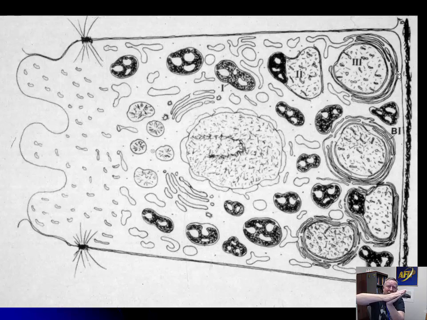And it works very well. But if you break that down, then you get the hydrophilic and hydrophobic, which have an attraction to each other.